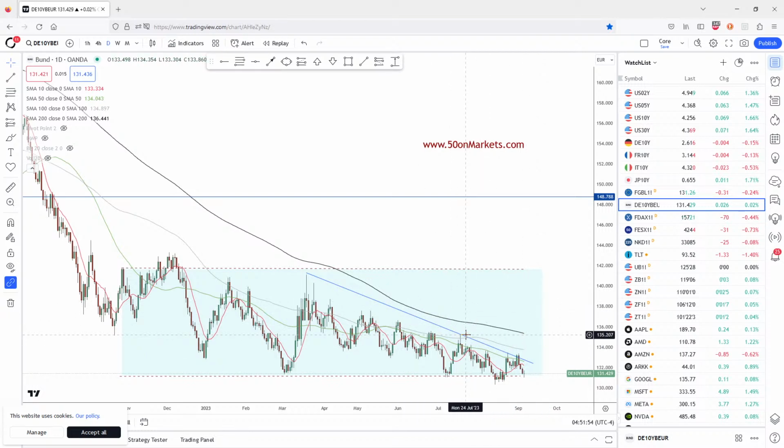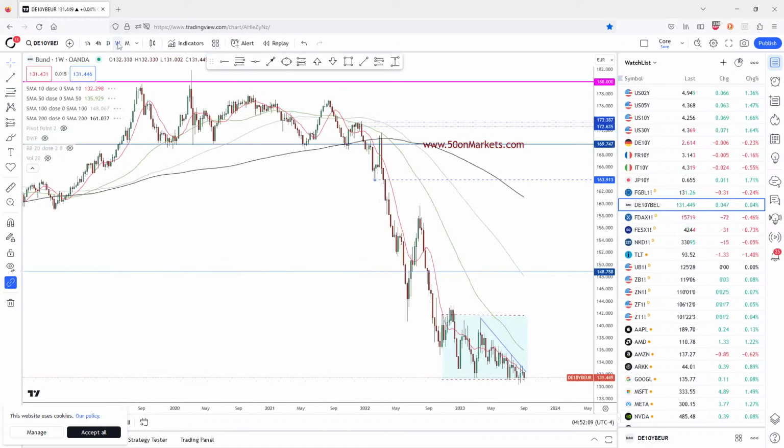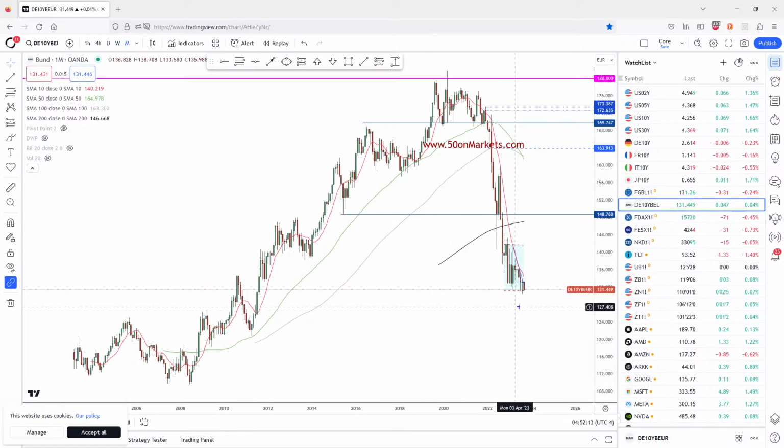This is still heavy, right? And usually, especially on stuff like bonds or stuff like Bund, it's rare to see a long-term bottom formed without any kind of exhaustion. So my base case would be that this still needs to get tested, but I'd like to draw your attention to the weekly or even the monthly. If this breaks, there could be one hell of a flush.